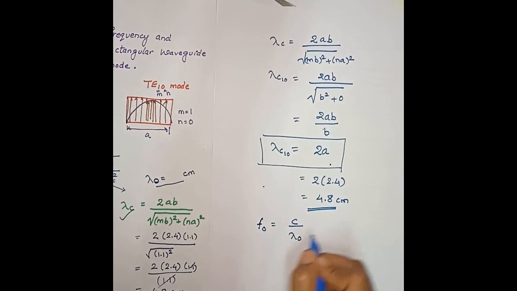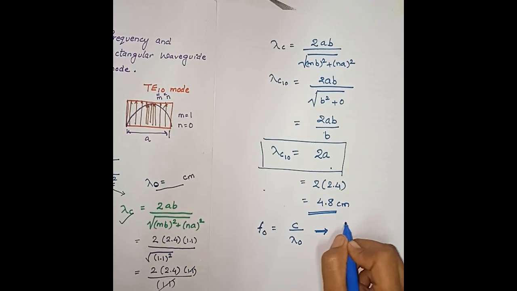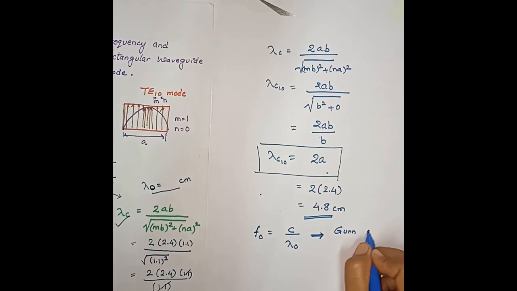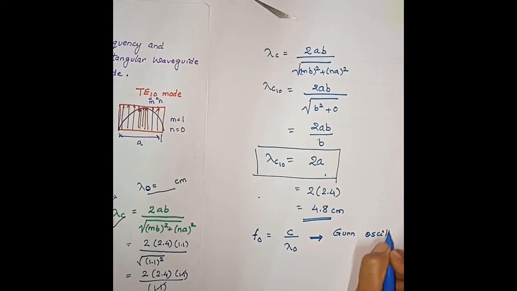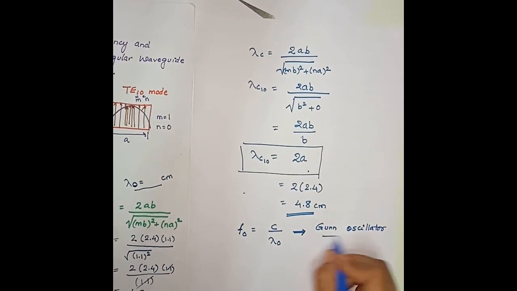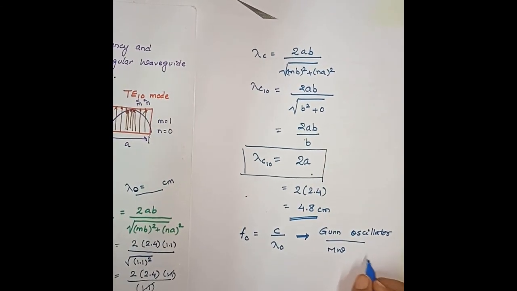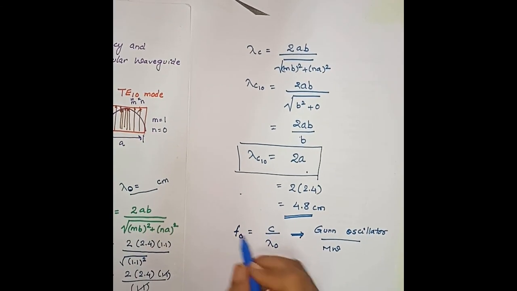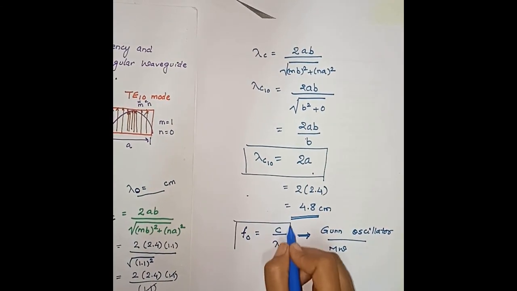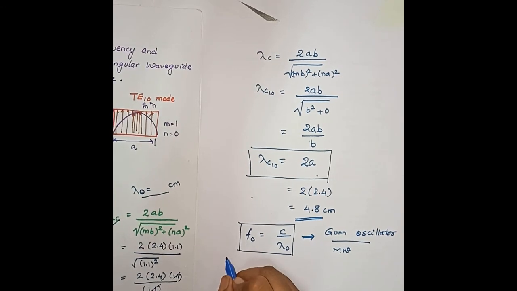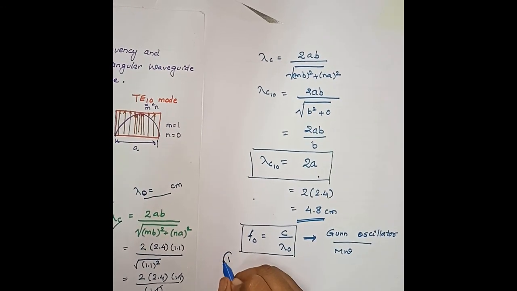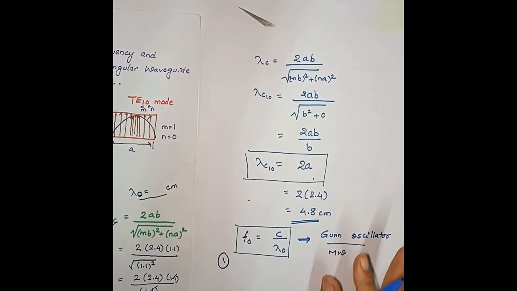This is the frequency generated by the gun oscillator, our microwave frequency. Whatever answer we get, we are finding out using the first method.